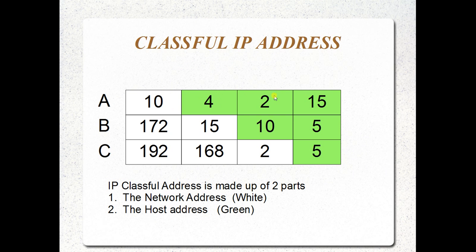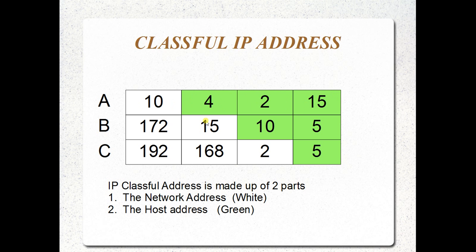The green is how many bits are for the hosts, and the white is how many bits are for the network. In this case, the first block of 8 bits is for the network, and the rest, 3 blocks, are for the hosts.